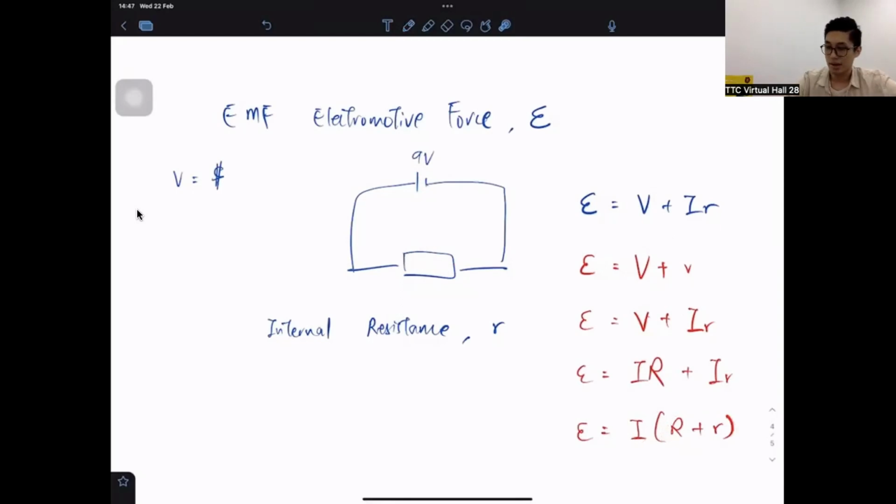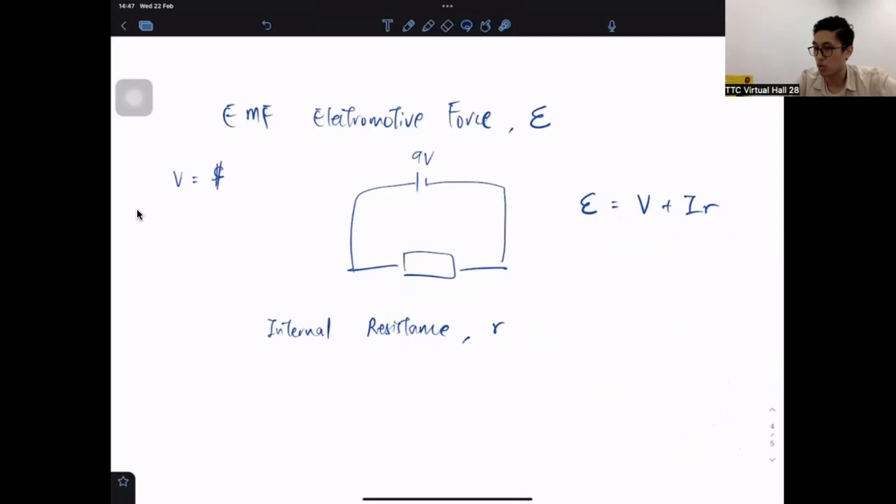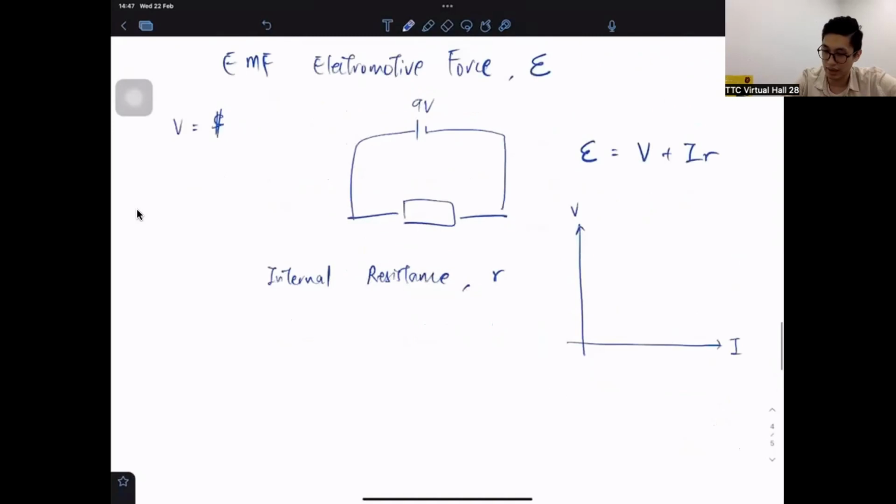Okay. Now, one last thing is that sometimes you might need to convert this into graph form. Okay, they will give you a graph, and the graph will be like voltage versus current. Okay, and then it will be a straight line.